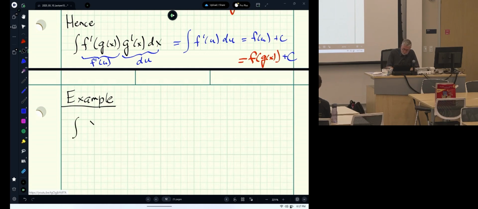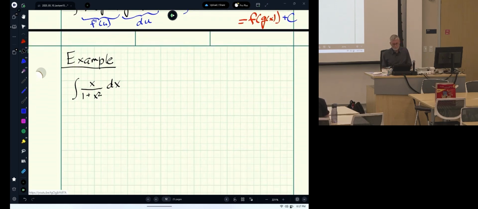So we're motivated by finding an antiderivative for this friendly amendment to the arctangent. Okay, so the u substitution is to let u of x equals 1 plus x squared, and then du is the derivative of 1 plus x squared, 2x, times dx.